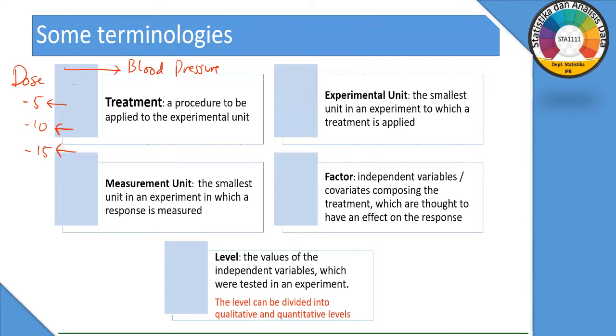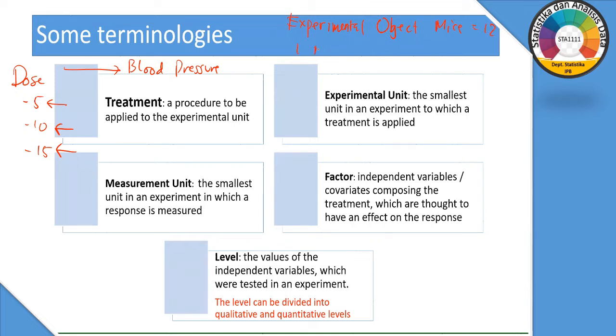Then the experimental unit: the smallest unit in the experiment to which a treatment is applied. So in this kind of experiment, the experimental object is, let's say, mice. Let's say we have 12 mice.